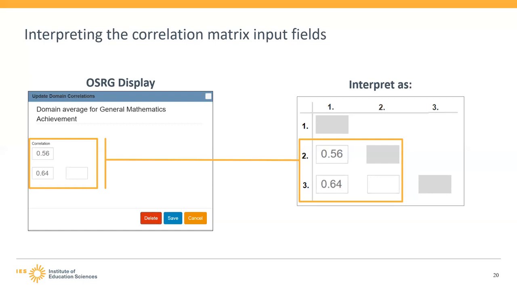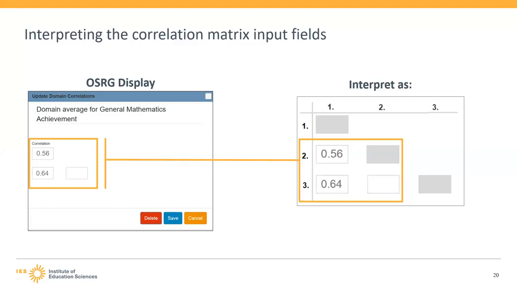This graphic further illustrates how to interpret the OSRG correlation input fields for an example with multiple, more than 2 findings. The 3 boxes on the left side show what the OSRG would display for an outcome domain with 3 main findings.